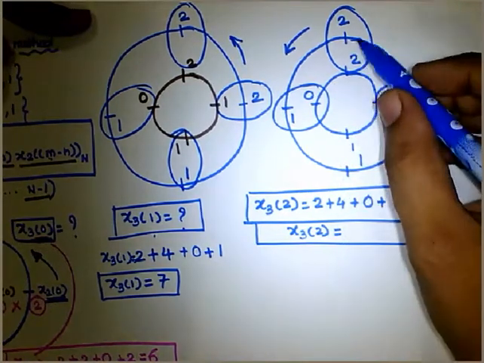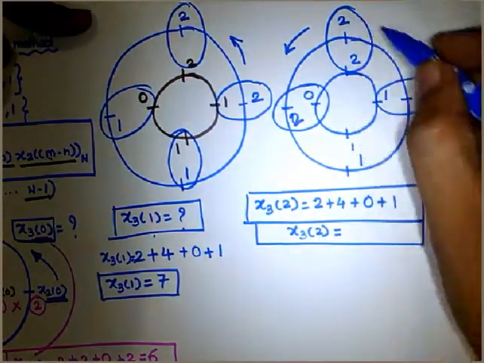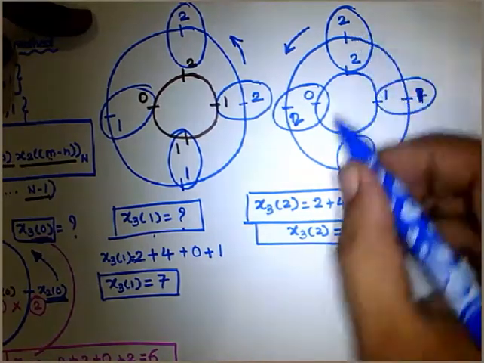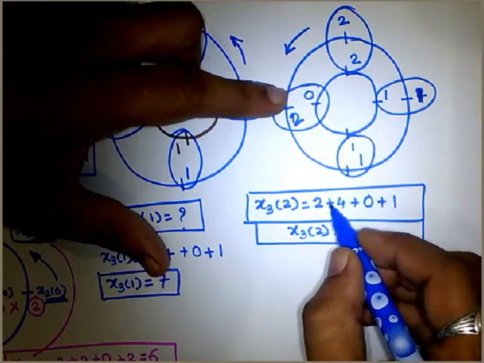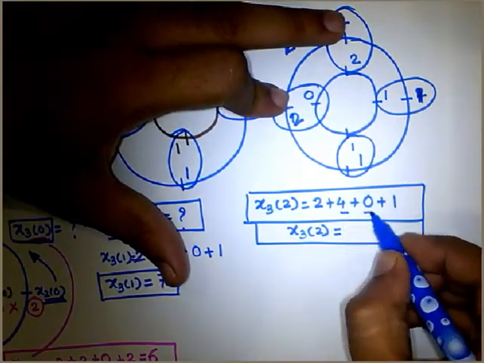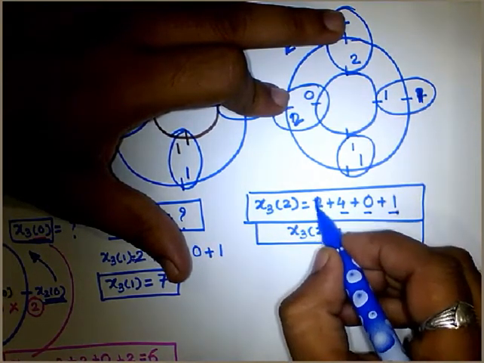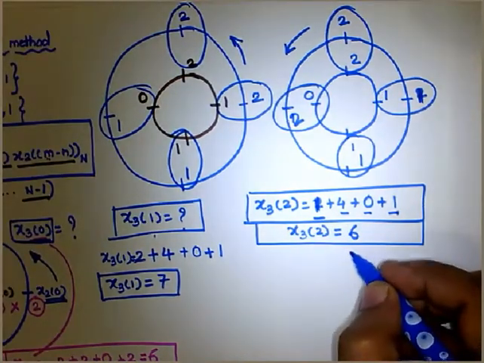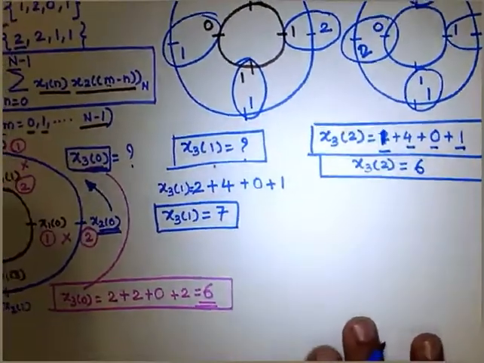Sorry, this sequence will be delayed by 1, so this 2 will be here, this is 2, this one is 1, and this is 1. So let's modify it. This is 2 into 0, that is 0, then 2 into 2, that is 4, then 1 into 0, 0, 1 into 1, that is 1, and 1 into 1, 1. So this value will be simply 6. This is related to the x3 of 2 calculation.